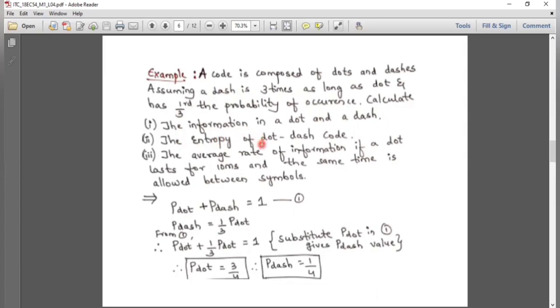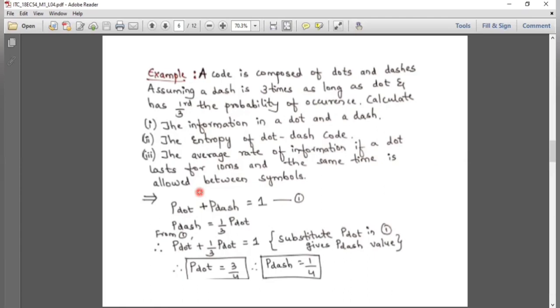Calculate entropy of a dot dash code. Calculate the average rate of information if a dot lasts for 10 milliseconds and the same time is allowed between symbols. So in this problem statement, we have two events occurring, a dot event and a dash event.